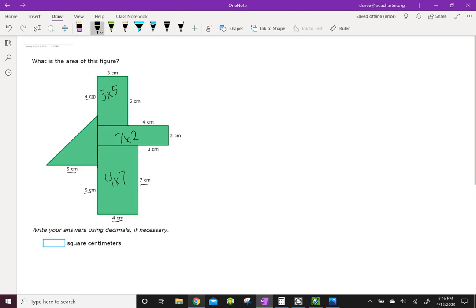I've got 9 so far there, and 14 total on the other side. 14 centimeters total minus 9 centimeters is 5 centimeters. So I would have a 5 centimeter height as well. So area equals 1/2 base times height, and I just substitute my values and find the area there. Okay, and that's all you're gonna do.